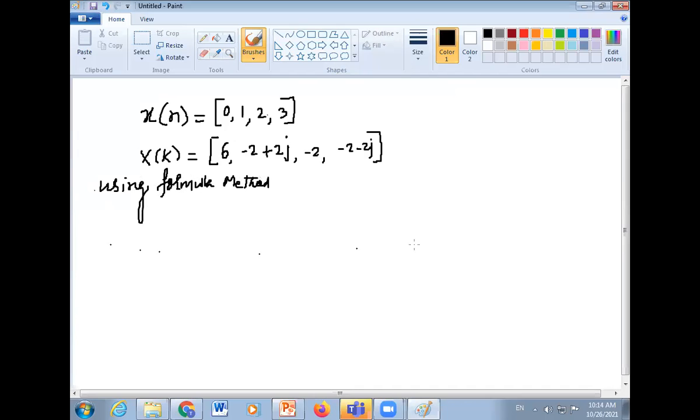What is the formula of DFT? Anyone tell me?